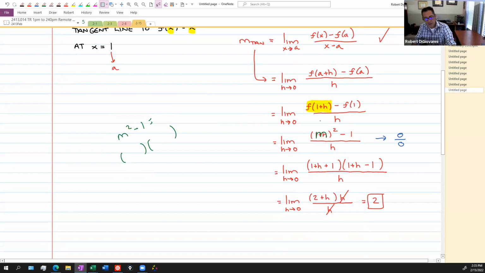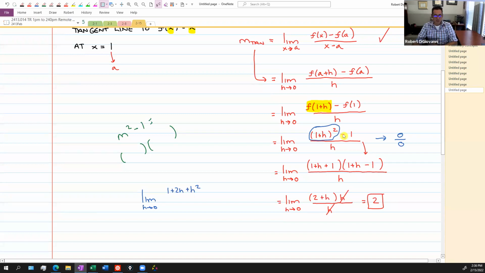Now, Ash did a difference of squares here, which is fine, but you could also have just multiplied this out. Let me write that. Limit as h goes to 0. If I multiply this out, do a FOIL on it, I get 1 plus 2h plus h squared. That's what happens when I do 1 plus h times itself.